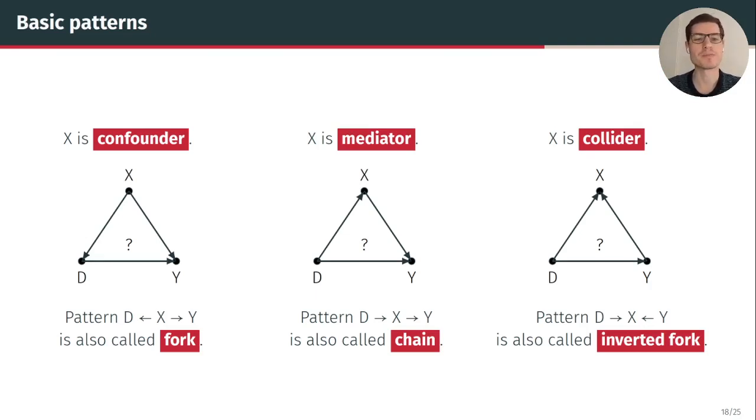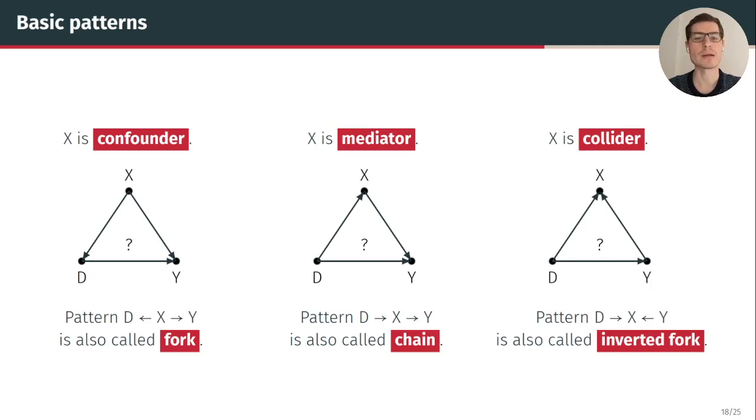Another way to represent this, and you will see that in text, is we start with D, our treatment, but then there is an ingoing arrow into D coming from X, and the chain continues with an outgoing arrow from X into Y. So that's the confounder.